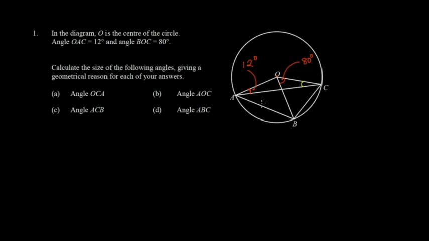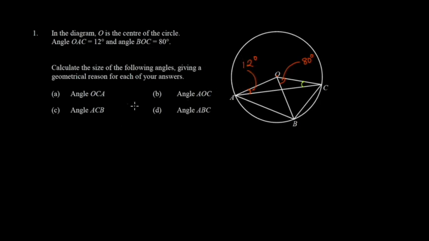Normally, the first questions they ask are the ones you can answer directly. Either you have one theorem that you know, or the angle is very obvious. So normally the first question, for example part A here, you're just supposed to apply a theorem, or it's very obvious.